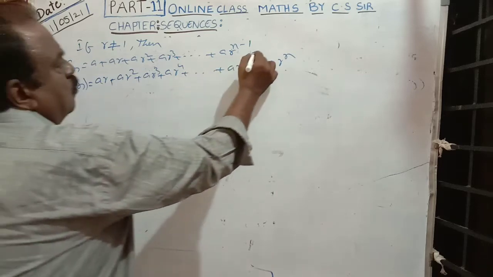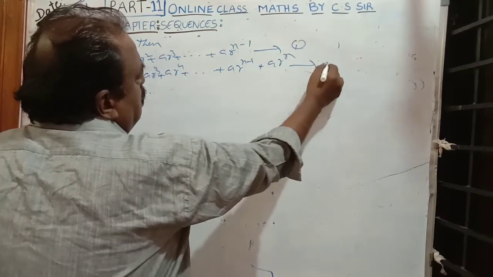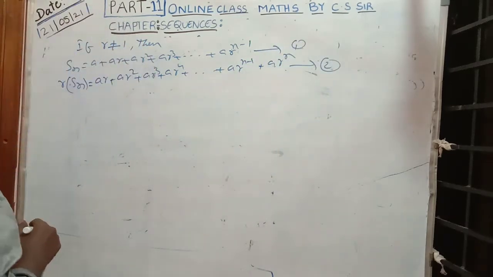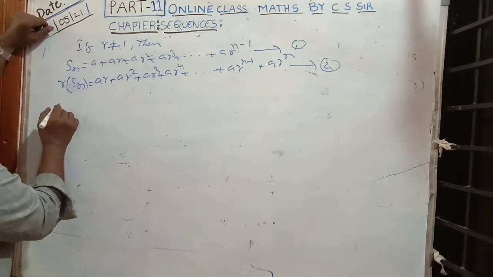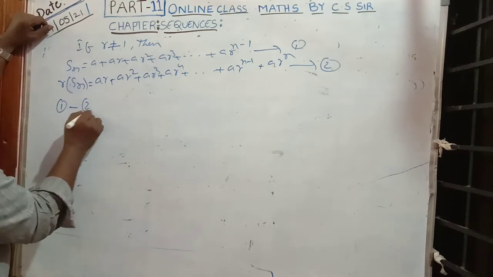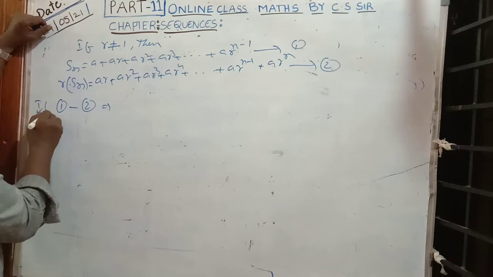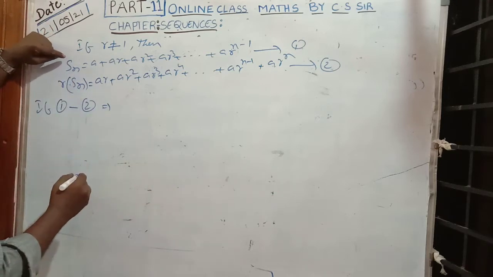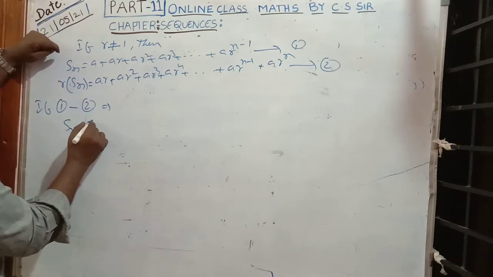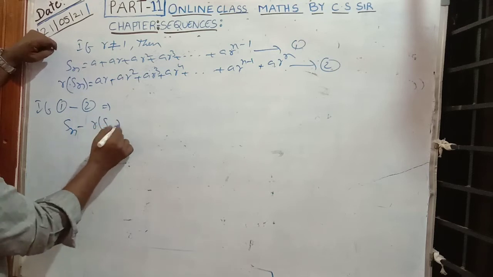Say it is equation 1 and equation 2. Now we take 1 minus 2, that means Sn minus r Sn.